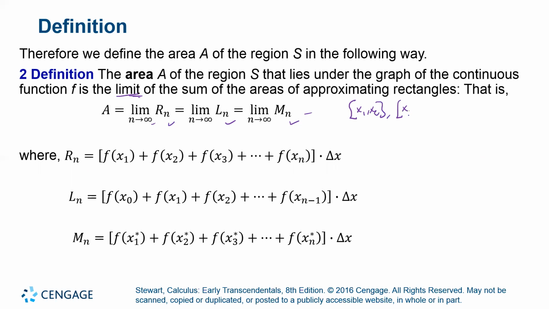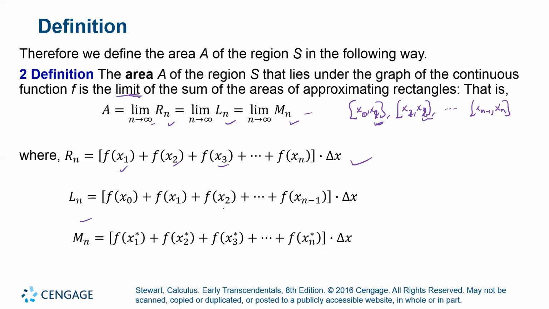So in this case, for my intervals x1 to x2, then x2 to x3, and so on to x(n-1) and then xn, you will notice the right endpoints start from x1, x2 in that order, since here I'm starting with 0, 1, and then 1, 2, and like that.